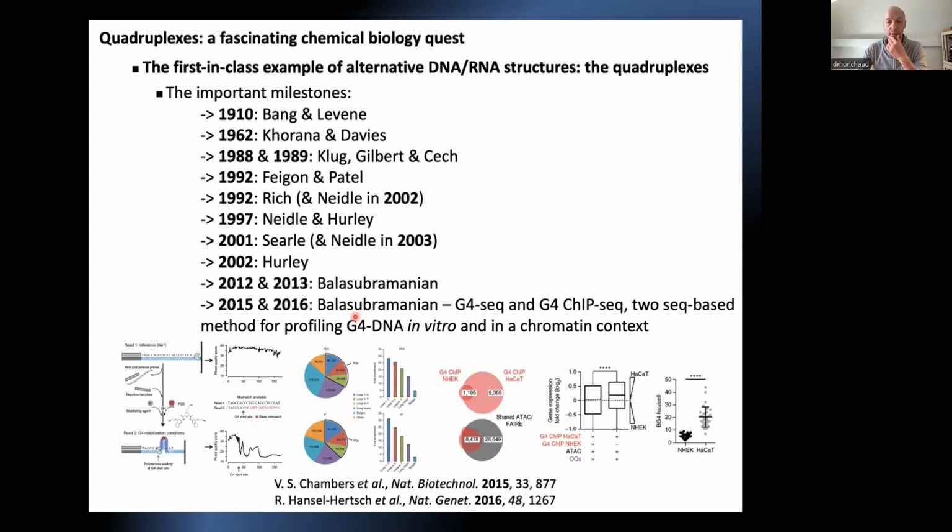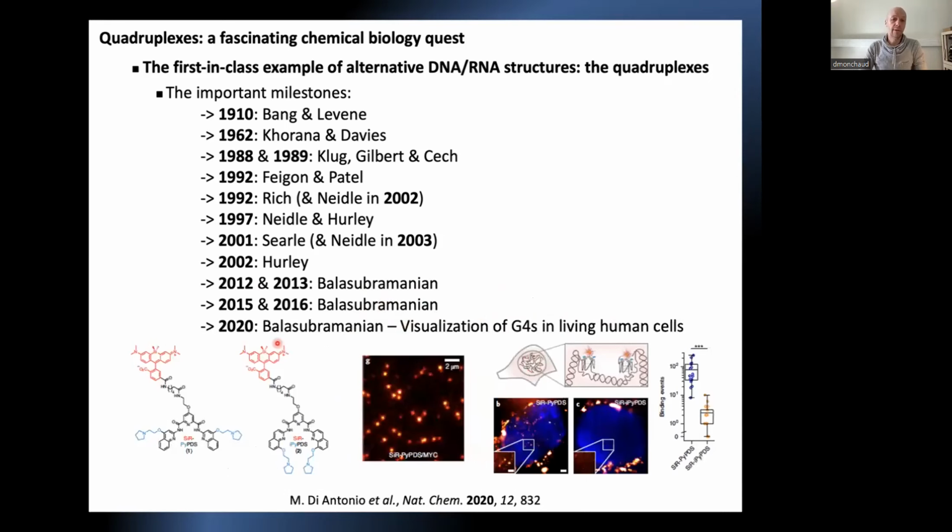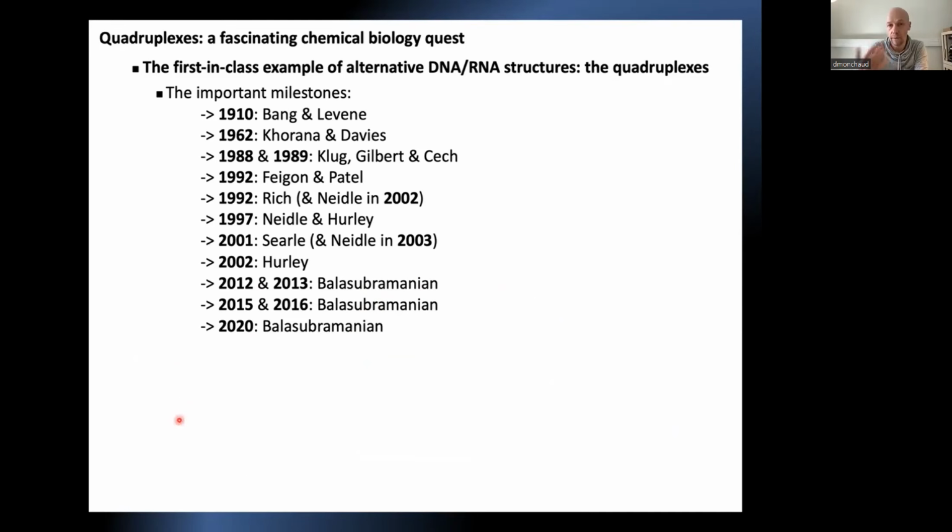Shankar also developed two different types of sequencing-based technologies, the G4-seq and the G4-ChIP-seq, to demonstrate that G4 can actually form on a genome-wide scale, in vitro for the G4-seq and the so-called in vivo for the G4-ChIP-seq. So we will discuss this result a bit later. And in 2020, finally, Shankar was able to demonstrate using this SiR-PDS that G4 can actually fold within living cells.